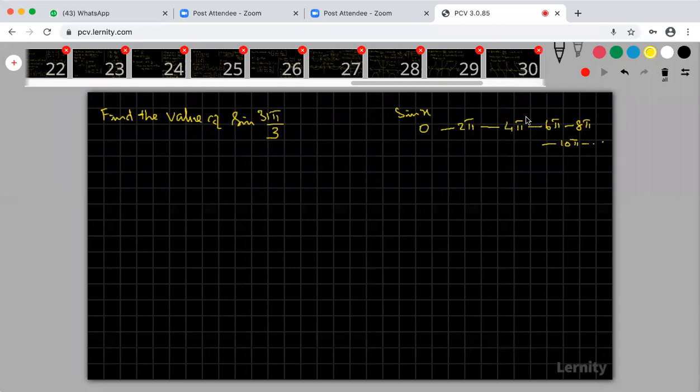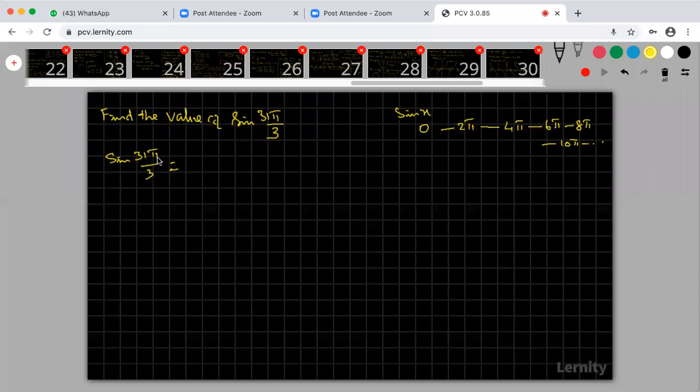So, this 31 pi by 3 can be written as 31 times pi by 3.